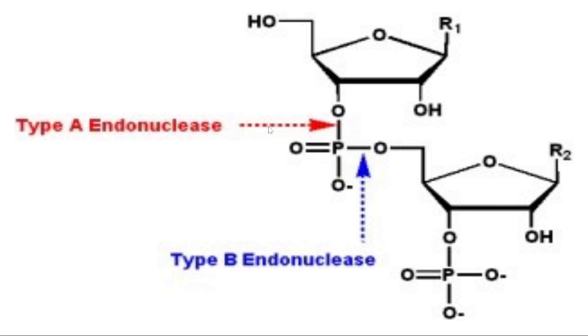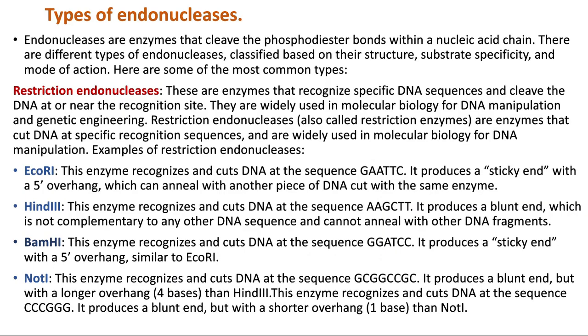Now, when type A nucleases attack, they break it in such a way that the phosphate group will remain on the 5' end, while the type B will break it in a way that the phosphate group will be attached to the 3' end. I hope I'm making some sense.